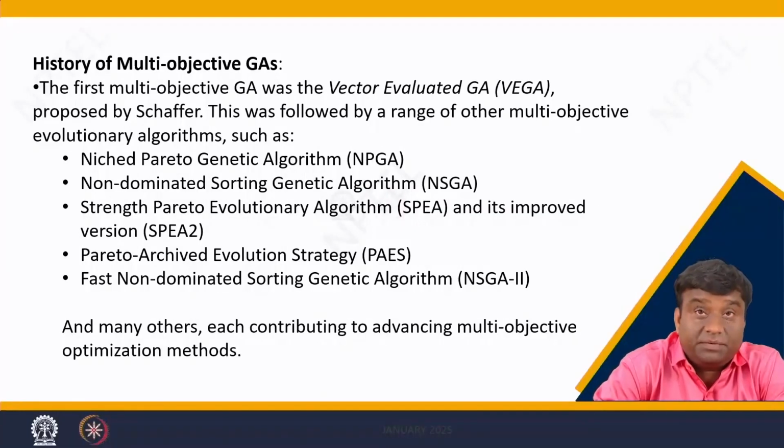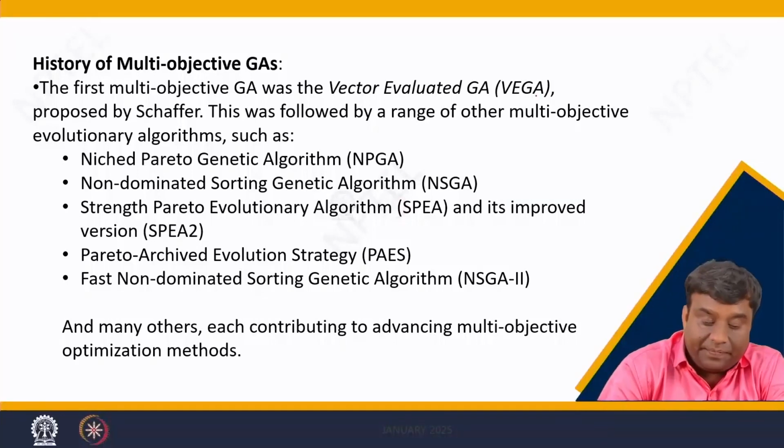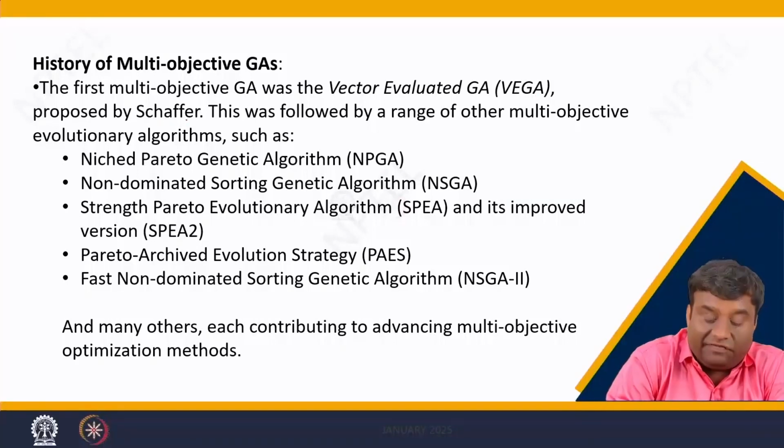History of multi-objective genetic algorithms. The first multi-objective genetic algorithm was the vector evaluated genetic algorithm, you can write it VEGA, proposed by Schaffer.